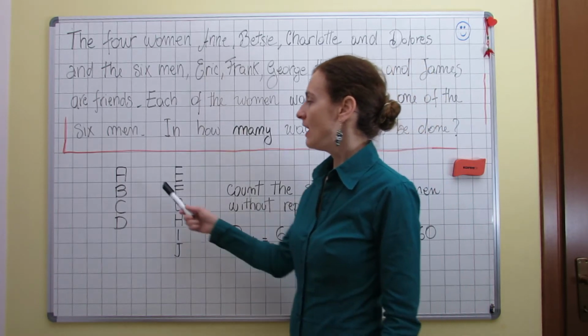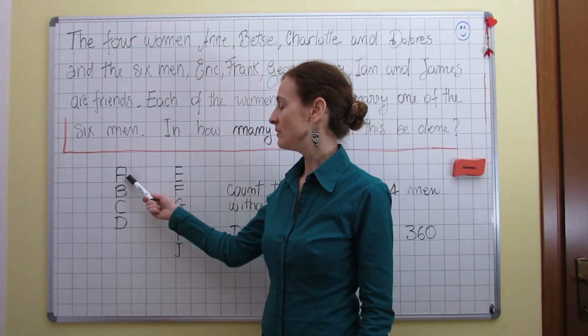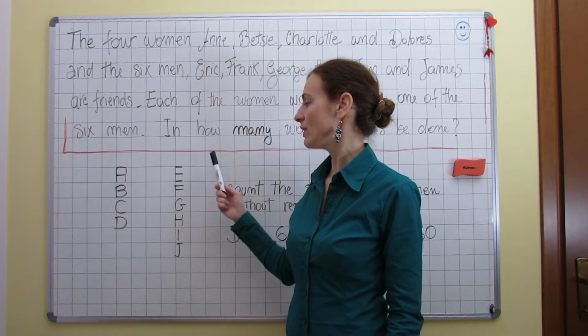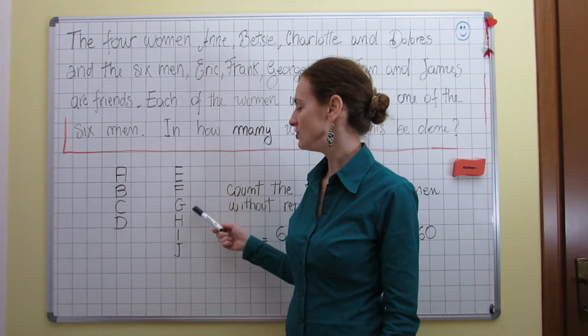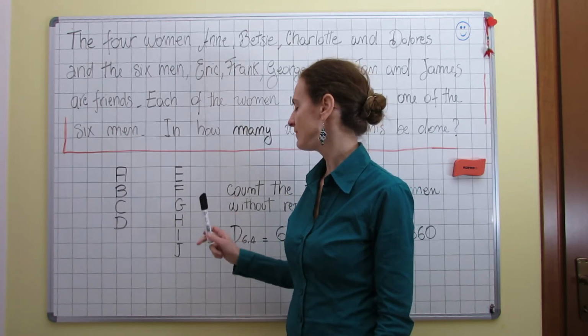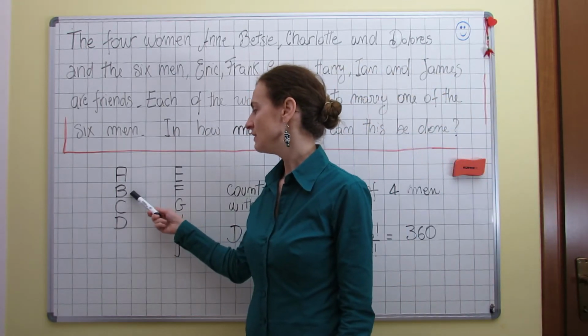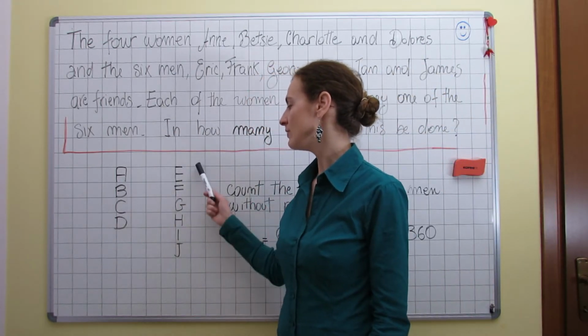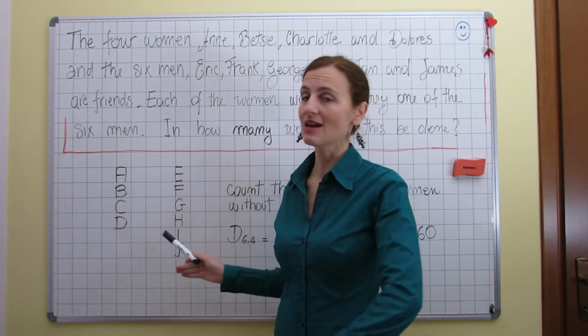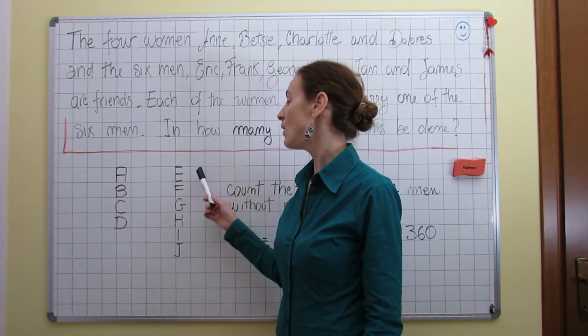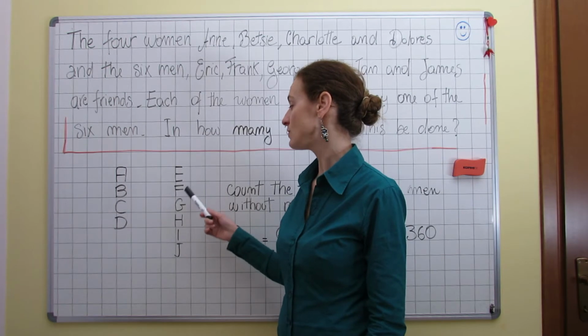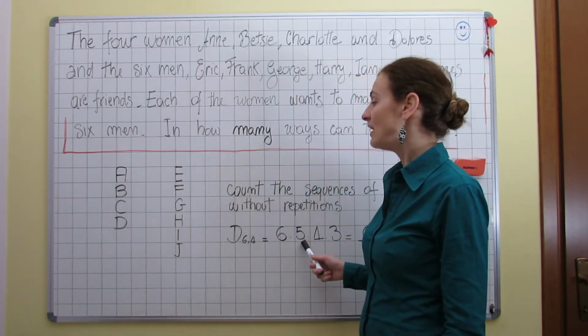Now, how many ways for A to marry one of the six elements, E, F, G, etc.? There are 6 ways. How many ways for B to marry one of the elements except the one that has been already chosen? 5 ways.